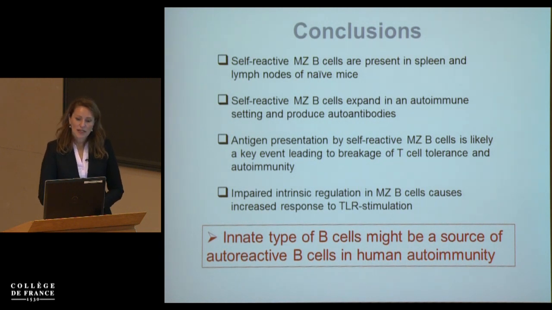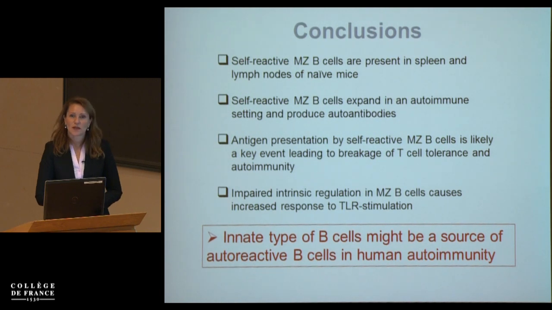Self-reactive marginal zone B cells expand in an autoimmune setting and they produce autoantibodies. Antigen presentation by self-reactive marginal zone B cells is likely a key event leading to the breakage of T cell tolerance and leading to autoimmunity. And impaired intrinsic regulation in marginal zone B cells causes increased response to toll-like receptor stimulation.